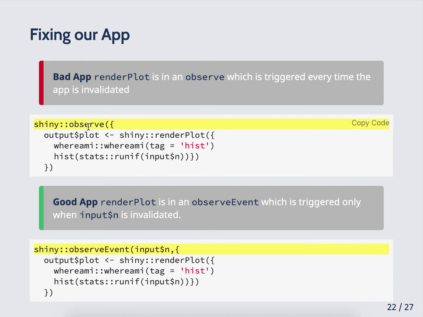In the observe call, every time the app is invalidated, it goes through and invalidates also everything under the observe environment. What we want to do is replace observe with observeEvent and have it be conditional on input n. That way this chunk will only invalidate when input n changes.